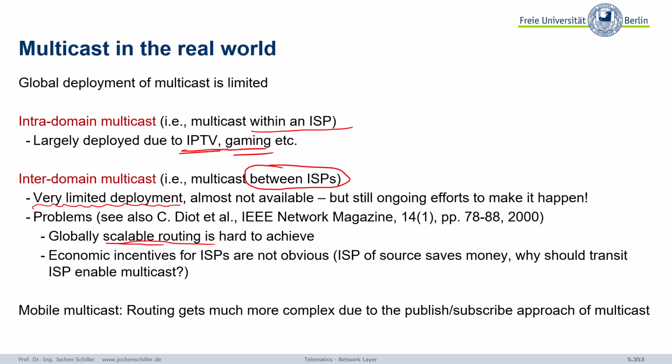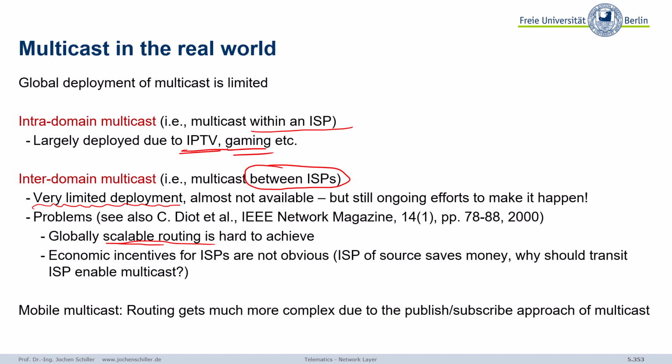So what are the economic incentives? Okay, if you do multicasting, then, well, why should you do this? I mean, if you earn money by transferred bytes, why should you multicast? If you have 1,000 receivers, why should you multicast?